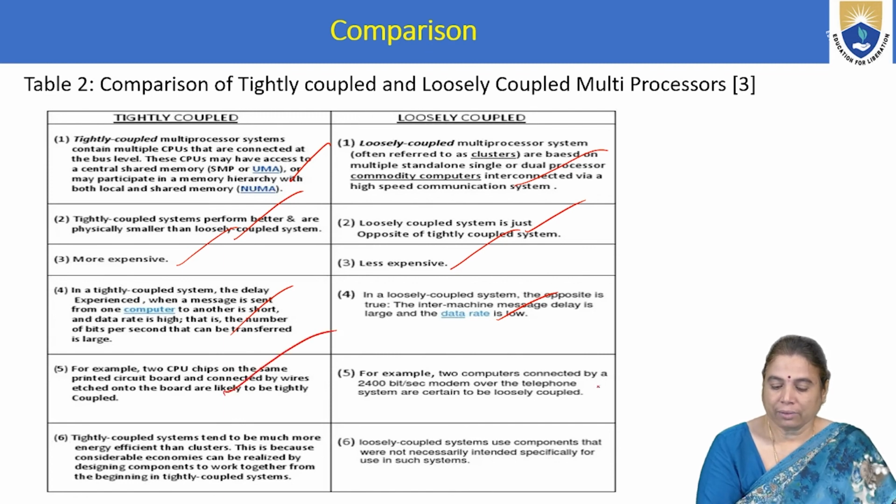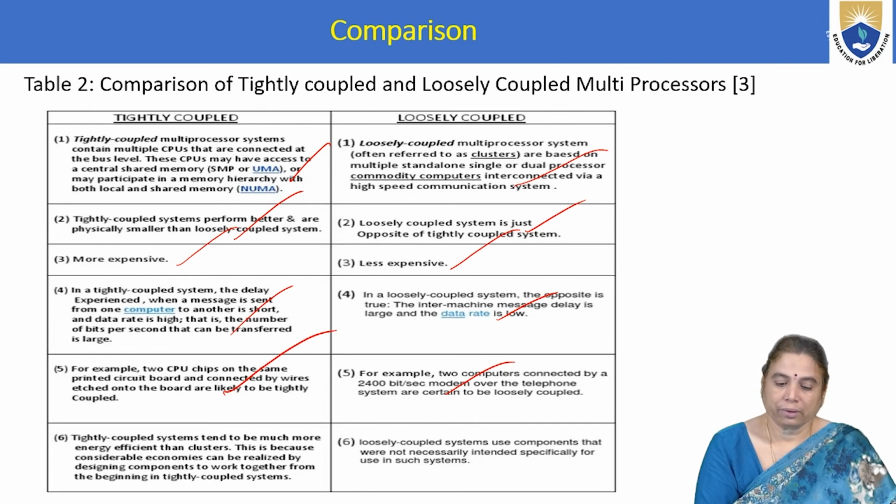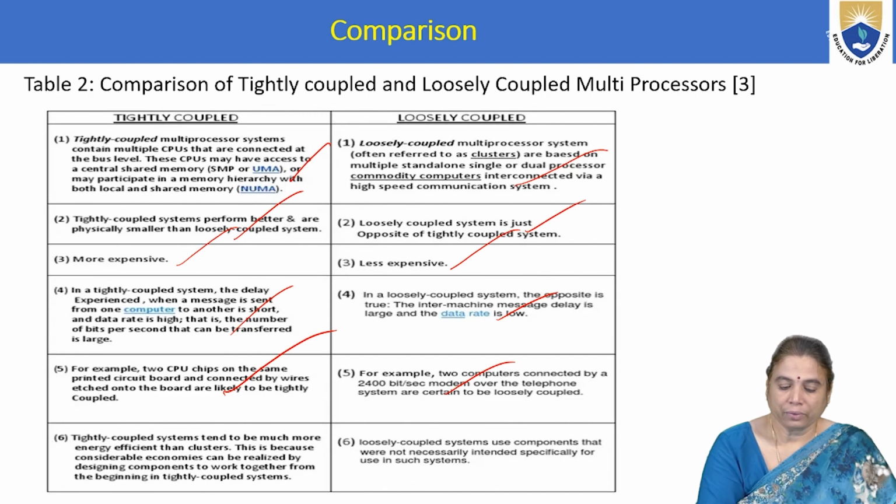For example, if you take two computers connected by a 2400 bit per second modem, so that messages can be exchanged with the help of this modem, that is an example of a loosely coupled system. Tightly coupled systems tend to be much more energy efficient than clusters.